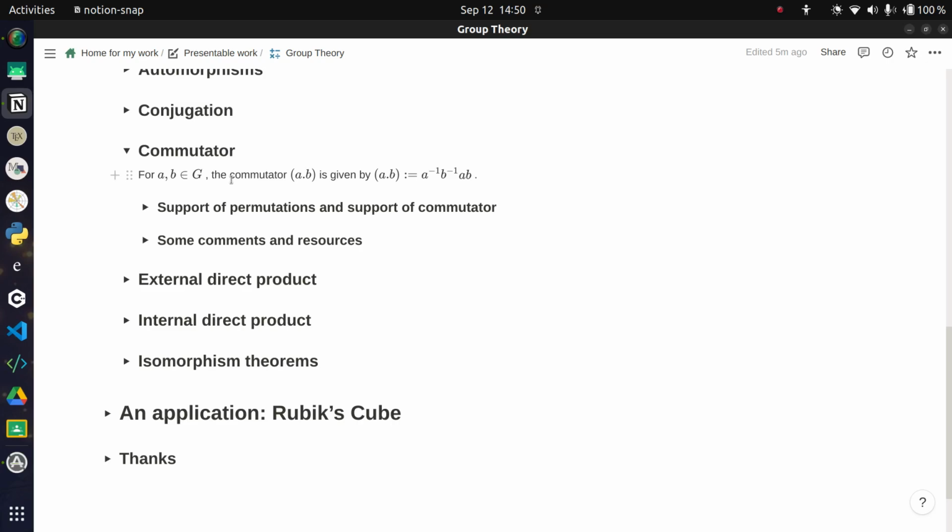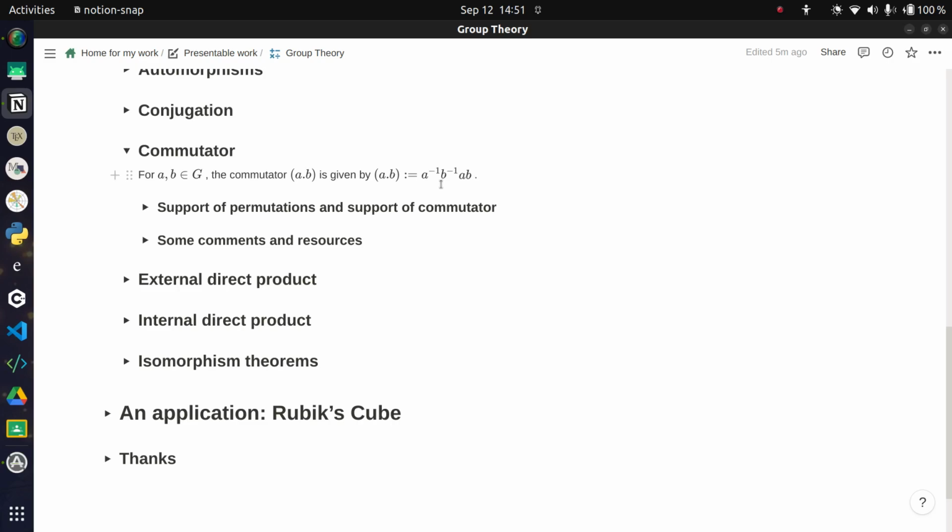So for A and B being permutations, the commutator of A and B is given by this notation, which is actually not used, but this is what I came up with because I used the square bracket notation earlier. It's given by A inverse, B inverse, A and B. So you first apply B, you apply A, and then you undo this, but in the wrong order. So that hopefully does something.